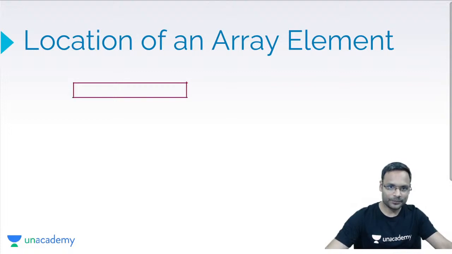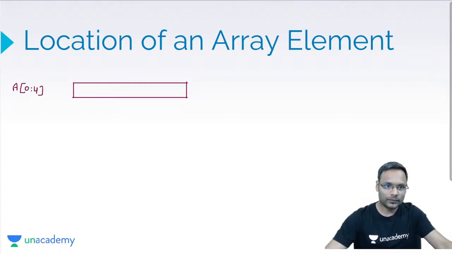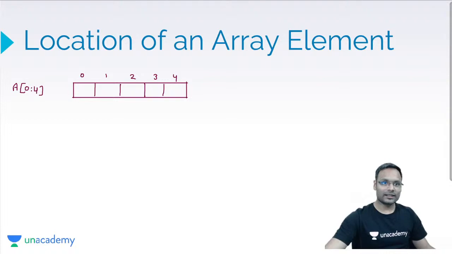Look at this. We will go with the easiest example. Let's say we have an array A which is having indexing starting from 0 and up to 4. Fine. So 5 elements are there, 0, 1, 2, 3 and 4. These are the indexes.